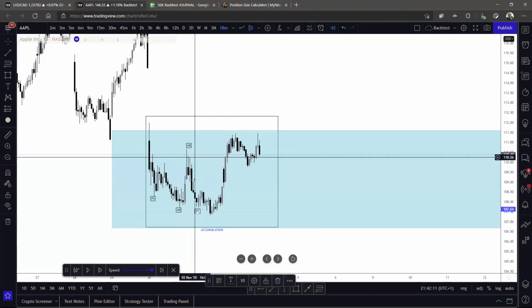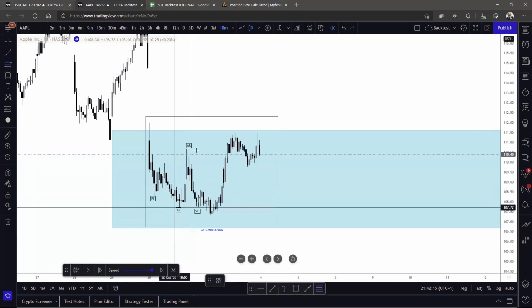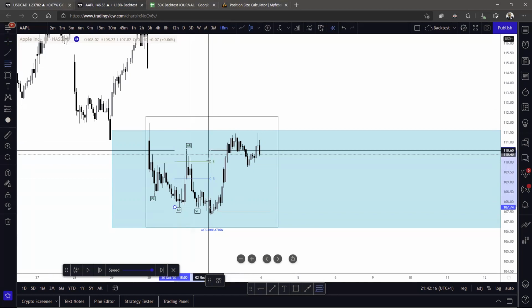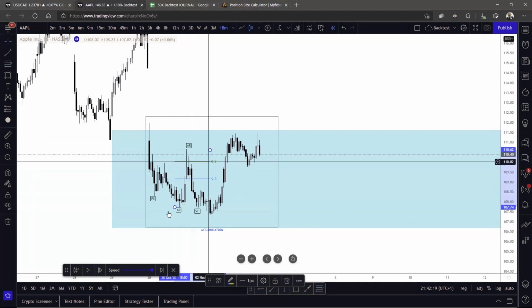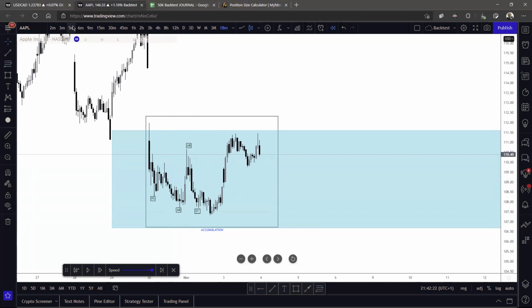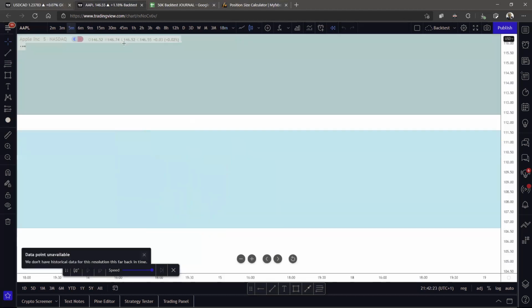Second test really didn't come about 50% of this. Yeah, we didn't even touch that. Cool, so I guess we're gonna have to go down. Oh shit.